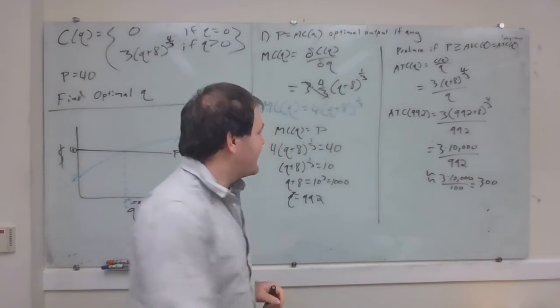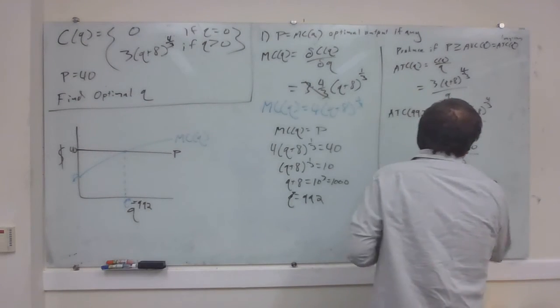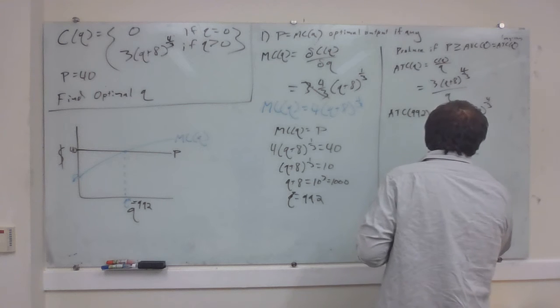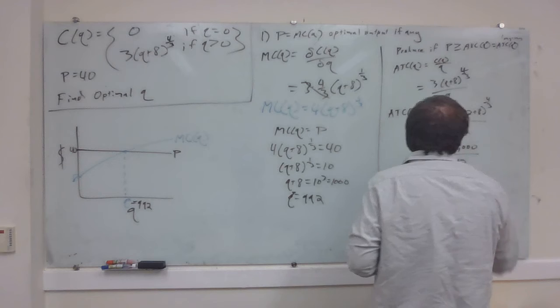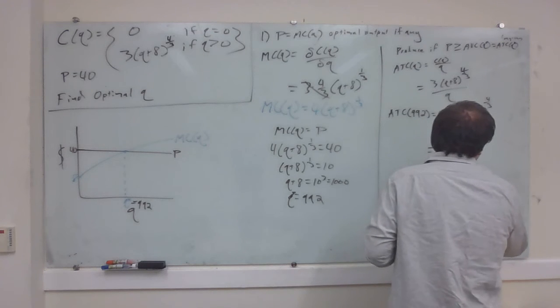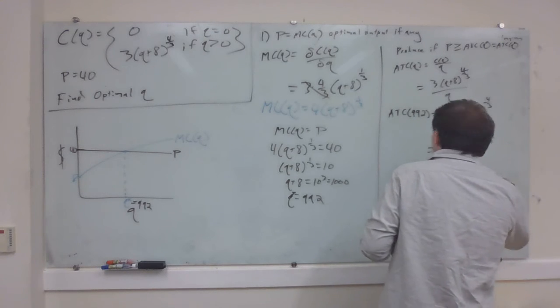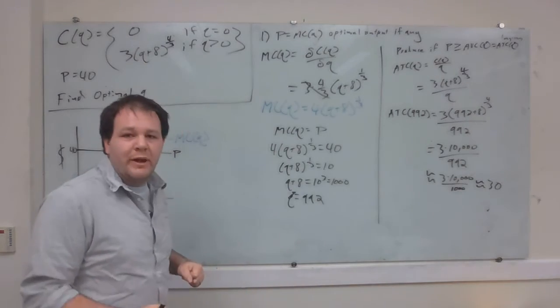My goodness, I don't know what I'm thinking about. 992 is not approximately 100, it's approximately 1,000, right? So then 3 times 10,000 over approximately 1,000 is going to be approximately 30, which we know is going to be less than 40.